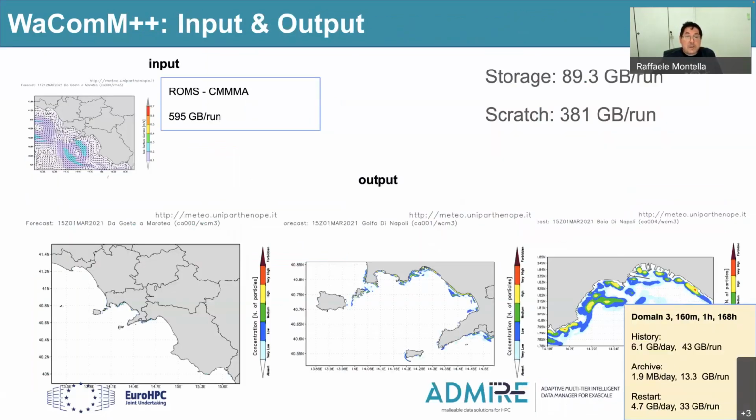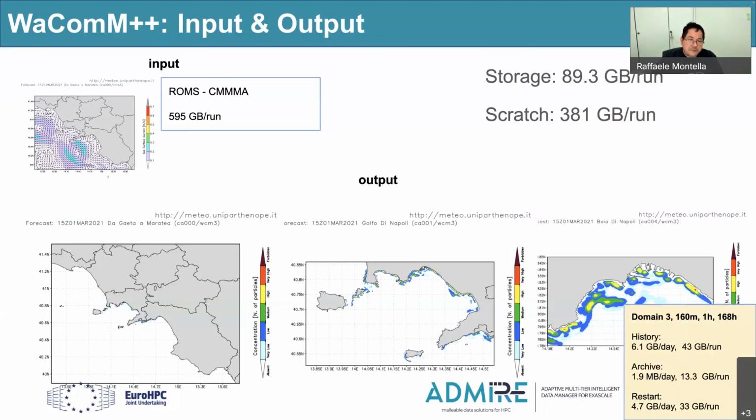This is the schema of input and output. For each simulation, the input from the ROMS model is about half a terabyte, while for the output we generate about 90 gigabytes per run.